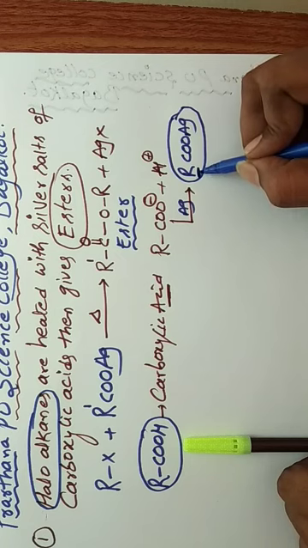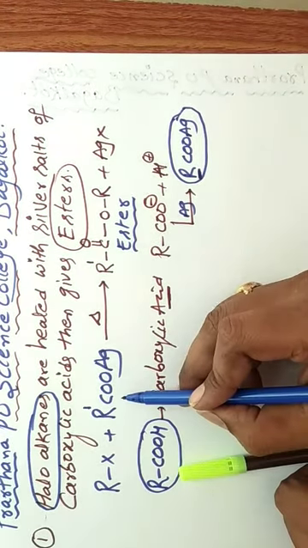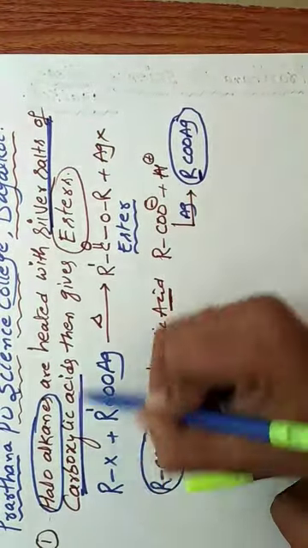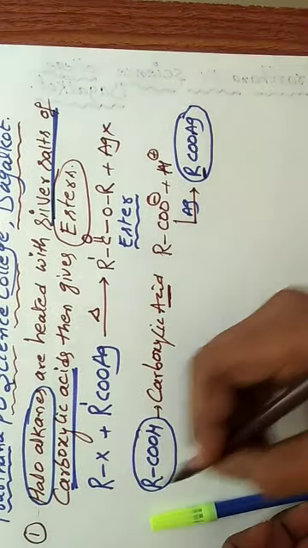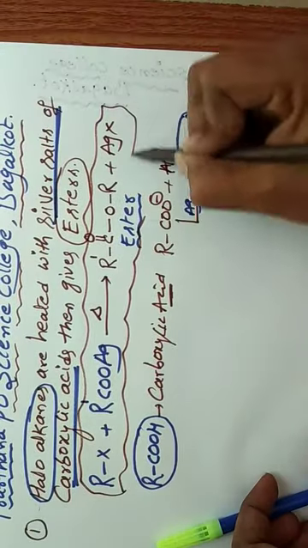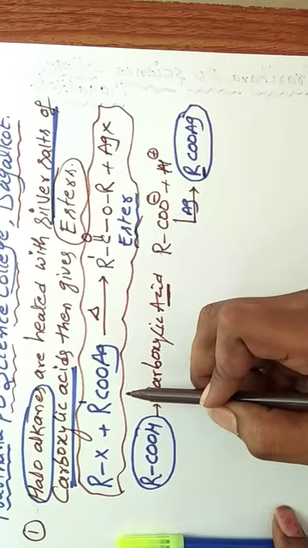This is the general reaction of an alkyl halide reacting with the silver salt of carboxylic acid.